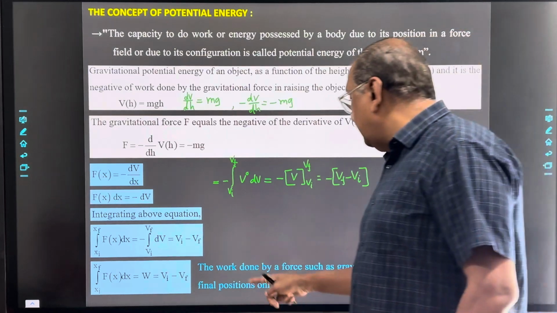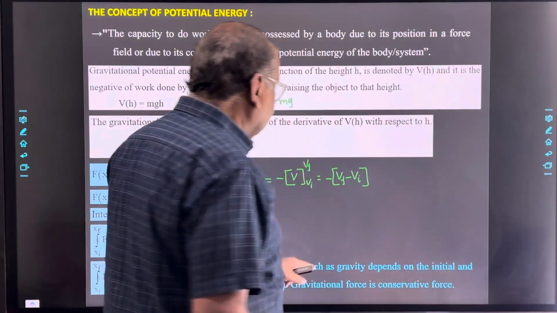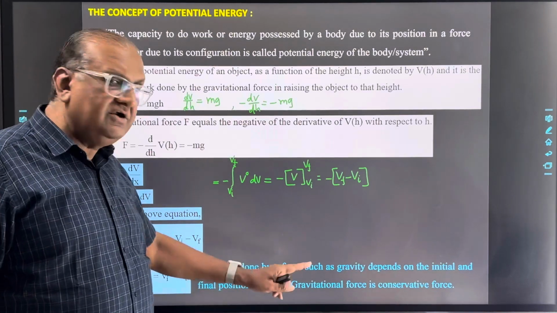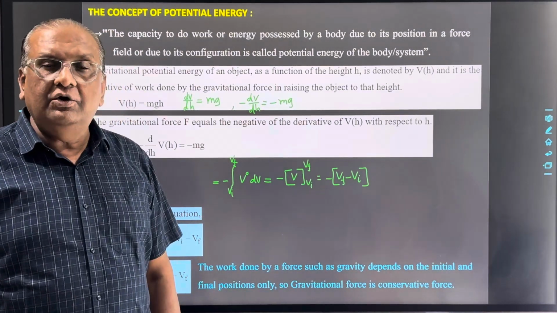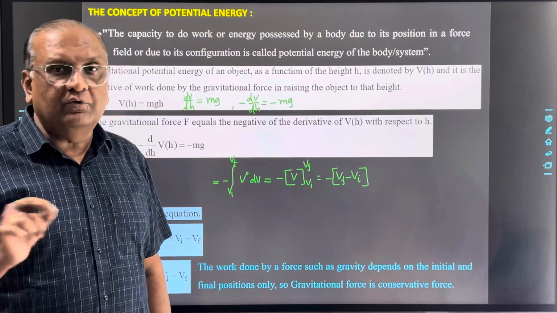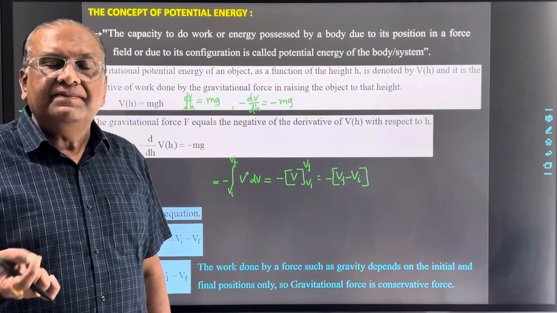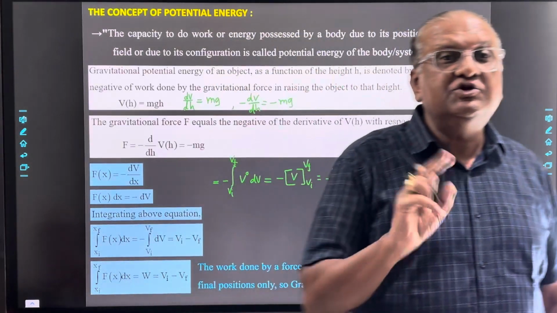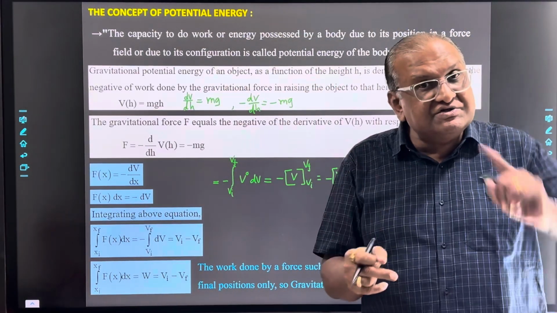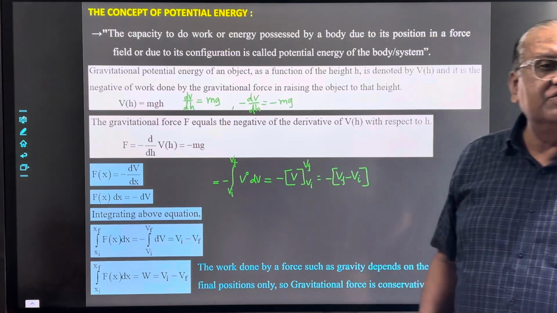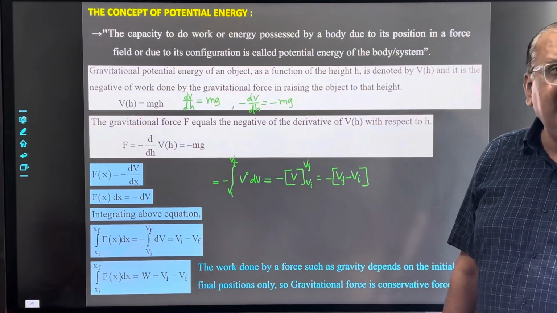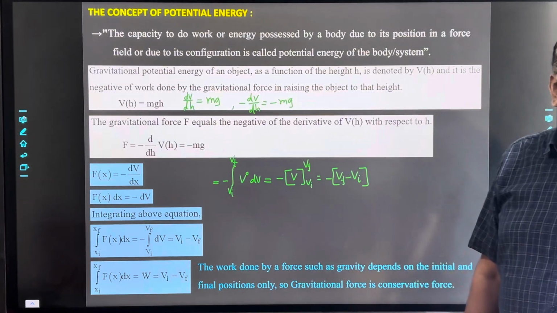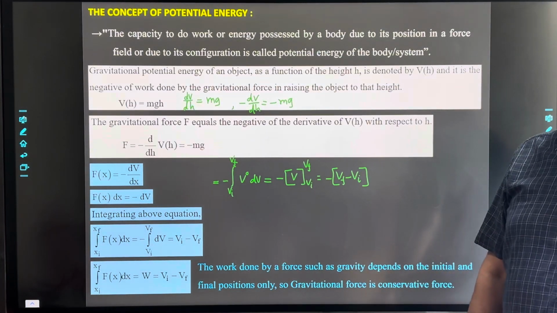So the work done by a force such as gravity depends on the initial and final position only. This type of force, in which the work done depends only on the initial and final position but does not depend on the path through which it is moved, is known as a conservative force, and the force field is known as a conservative force field. Clear to all of you?